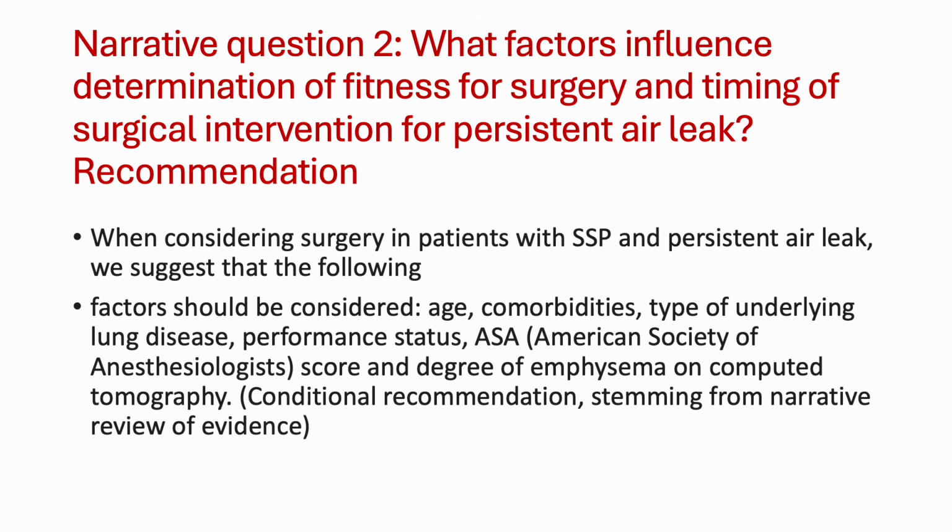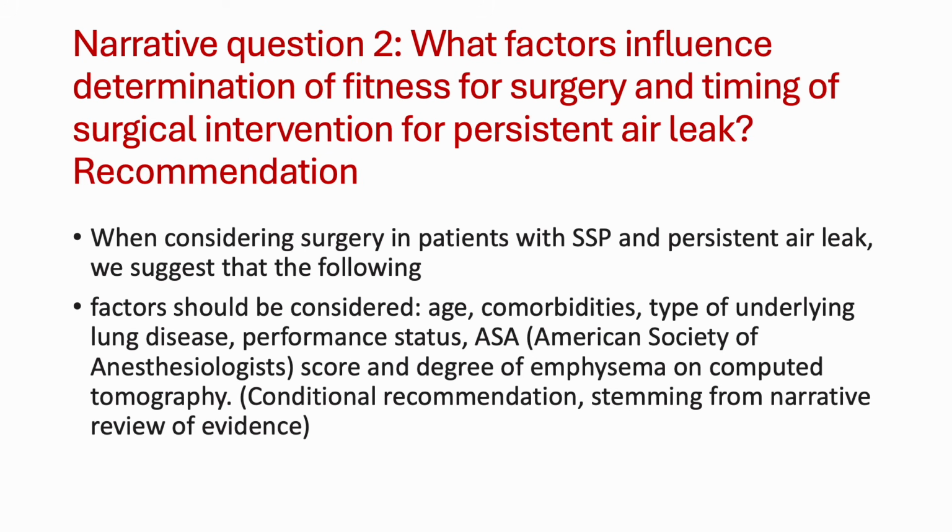The second narrative question was about factors which influence determination of fitness for surgery and timing of a surgical intervention for persistent air leak. They say that whenever you are thinking that this patient with secondary spontaneous pneumothorax has a persistent air leak and needs to be sent for thoracic surgery, you should look at the patient's age, the comorbidities, the type of lung disease, performance status, ASA score, and degree of emphysema on the CT.